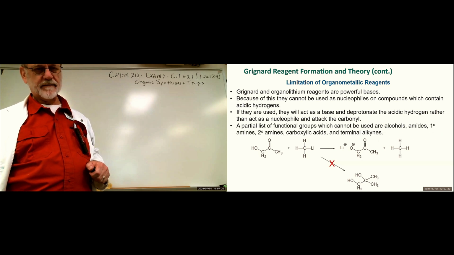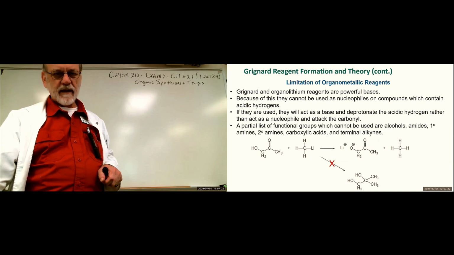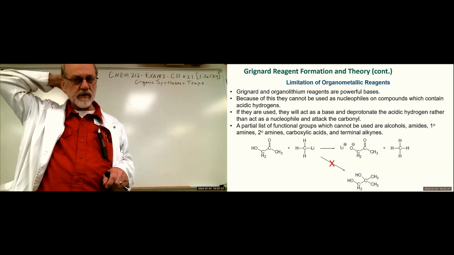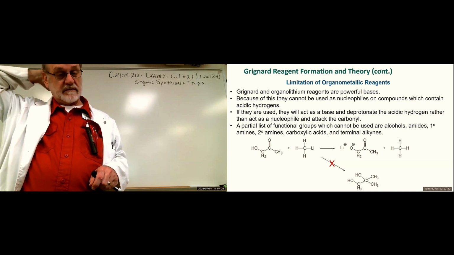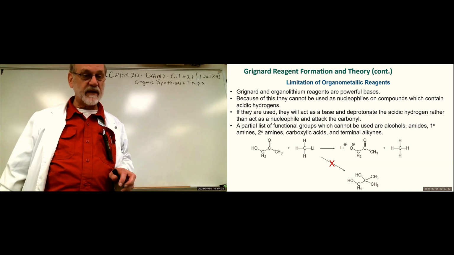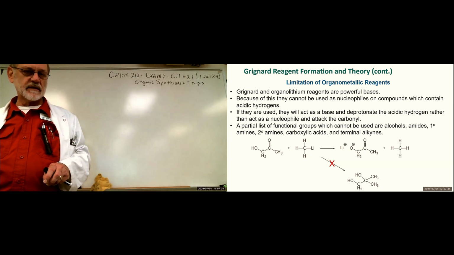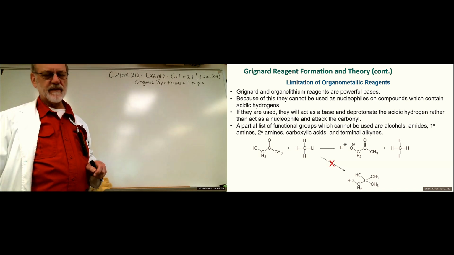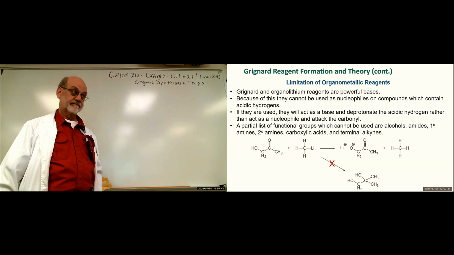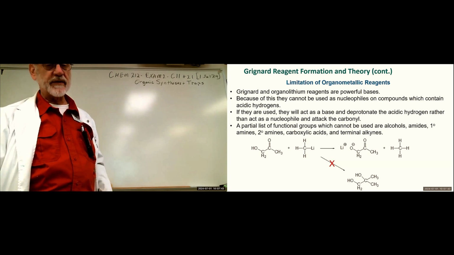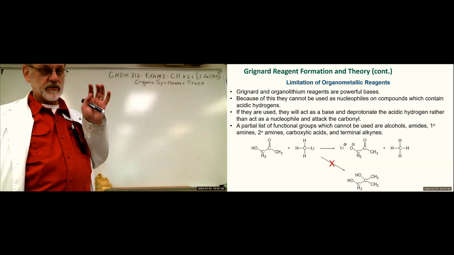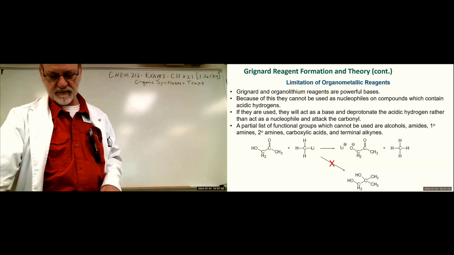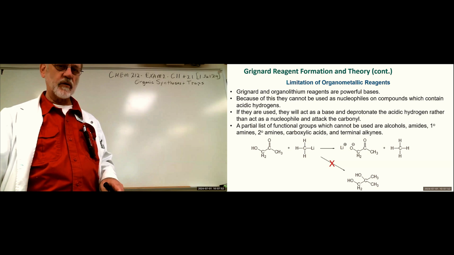All right. Okay, a partial list of functional groups we cannot use are alcohols, amides, primary amines, secondary amines, carboxylic acids, terminal alkynes, because they all have acidic protons on them. So those are off limits for direct reaction without using a protecting group.